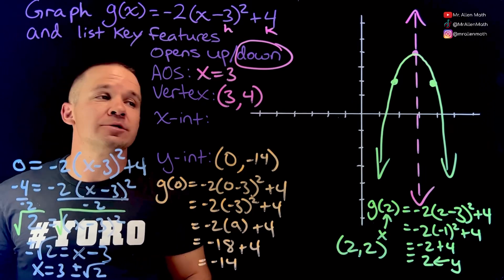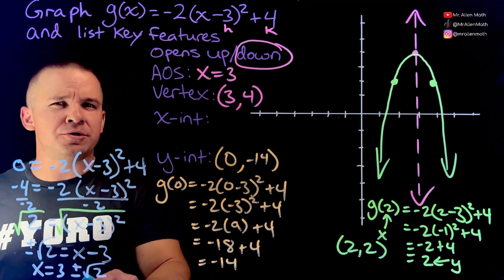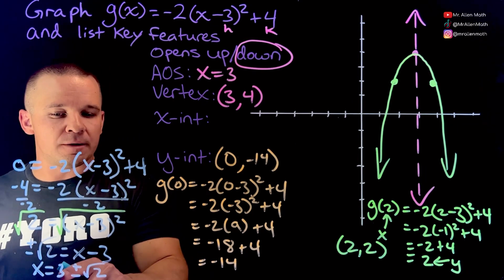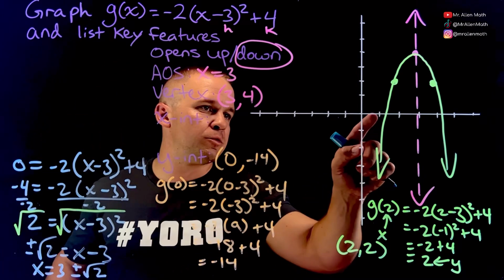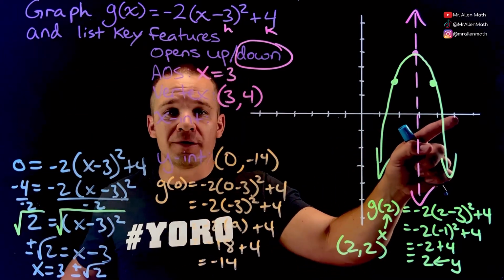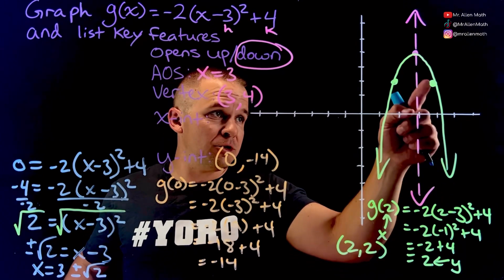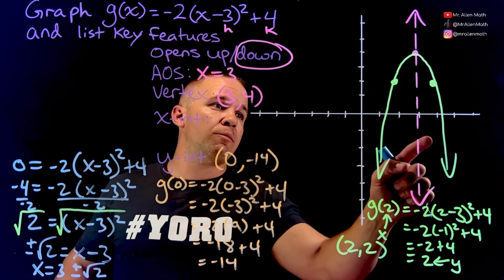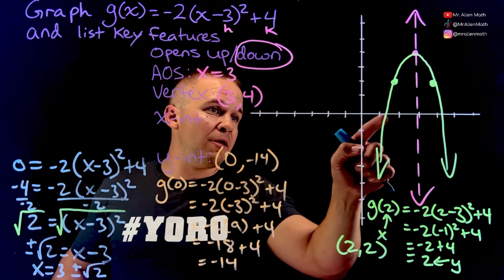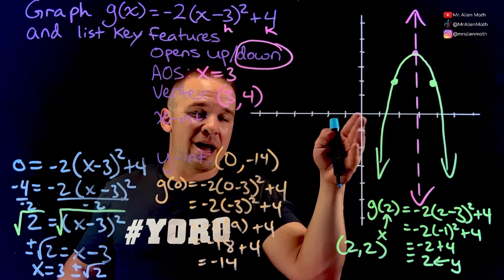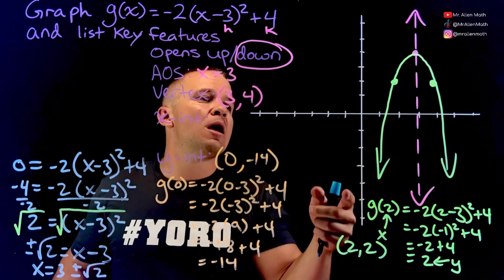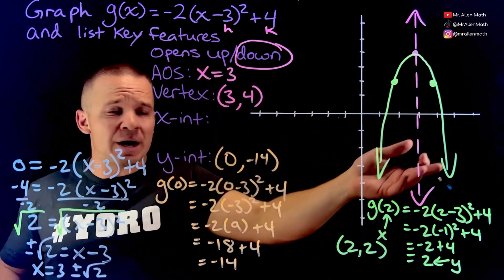Square root of 2 is like 1.4-ish. So I'm going to have 3 plus 1.4-ish, which is about 4.4, right between 4 and 5. So that's actually pretty accurate on our graph. And if I subtract 1.4, I'm going to be right around 1.5 or 1.6, between 1 and 2. So we did a pretty good job with that graph.